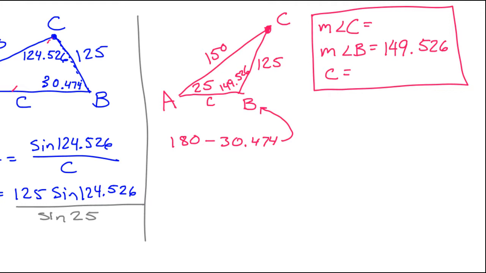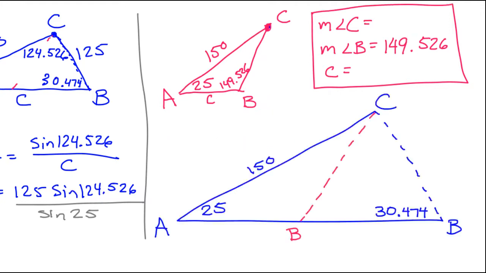Okay, now one more time, the reason why that is. Remember that we formed two triangles because the swing side that I've shown here as a dotted line could be here, or it could swing inward and be here. So when we solved the first triangle, we looked at the swing side as being in this position, and we found this angle was 30.474 degrees.